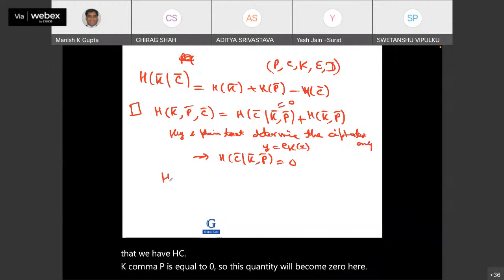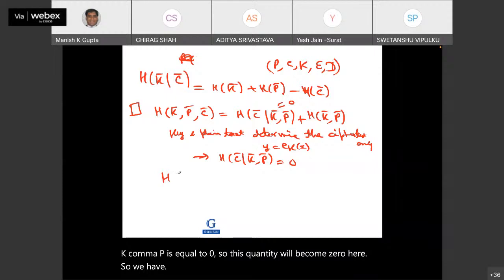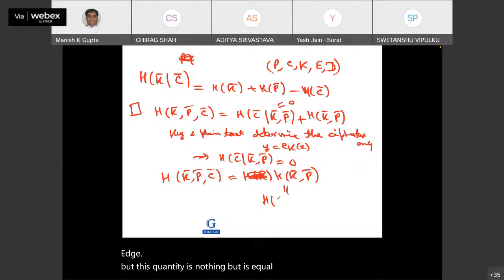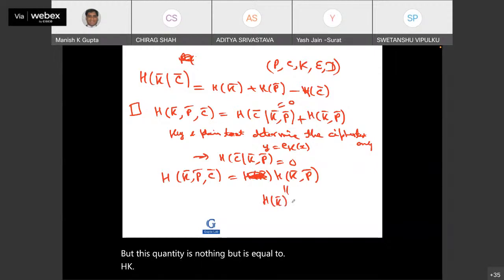So we have H(K,P,C) entropy is equal to H(K,P). But this quantity is nothing but equal to H(K) plus H(P). Why?